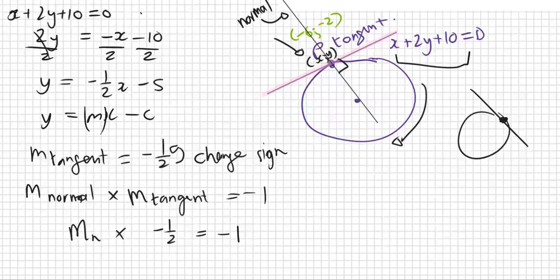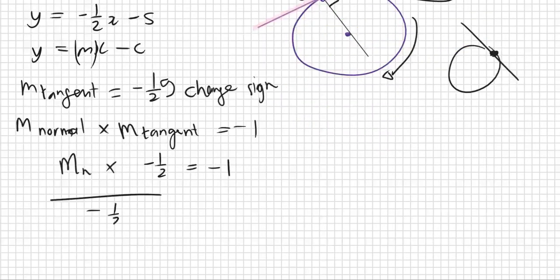If we want m of the normal, we divide both sides by -1/2. And this side cancels out. So gradient of the normal is equal to -1 times by -2/1, which is just 2. Okay, so that's the long method in case you forget the short method.